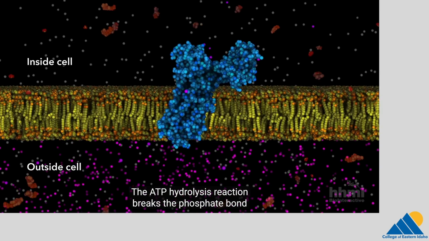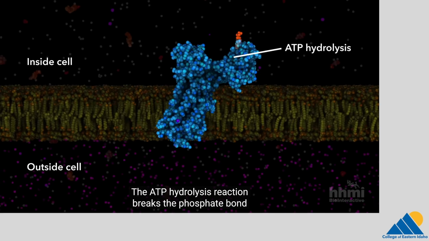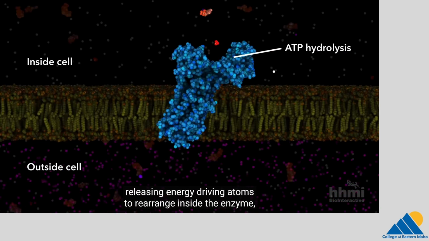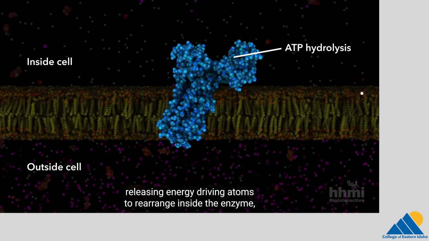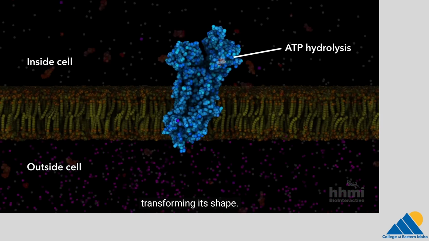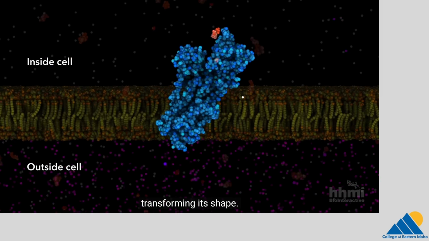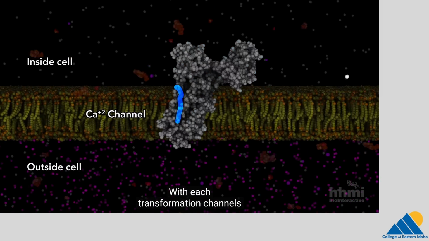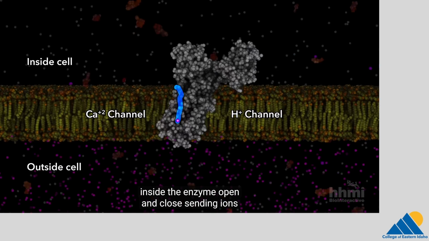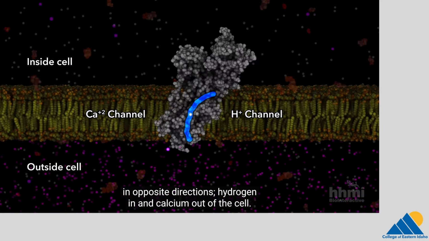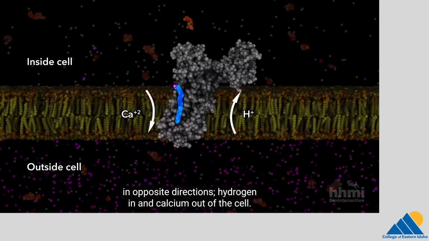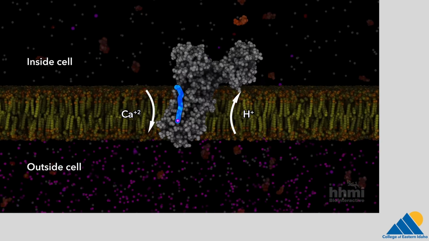The ATP hydrolysis reaction breaks the N-phosphate bond, releasing energy, driving atoms to rearrange inside the enzyme, transforming its shape. With each transformation, channels inside the enzyme open and close, sending ions in opposite directions, hydrogen in and calcium out of the cell.